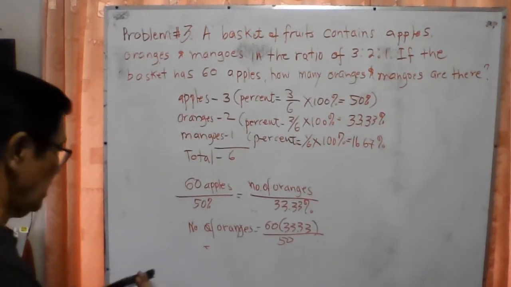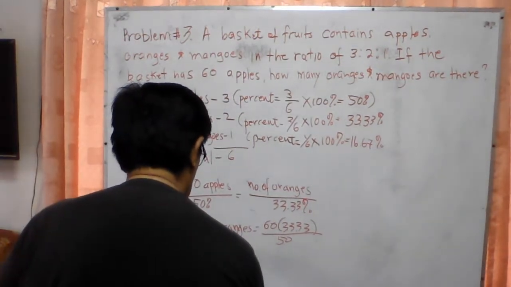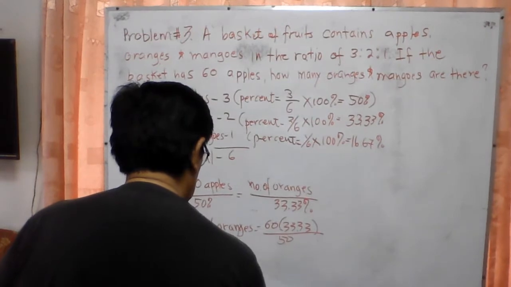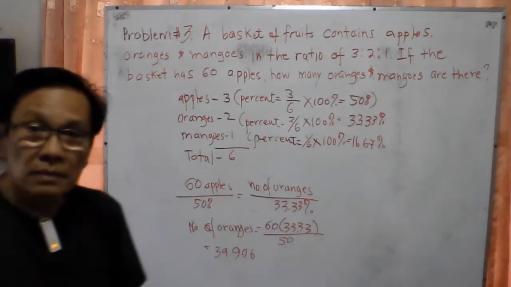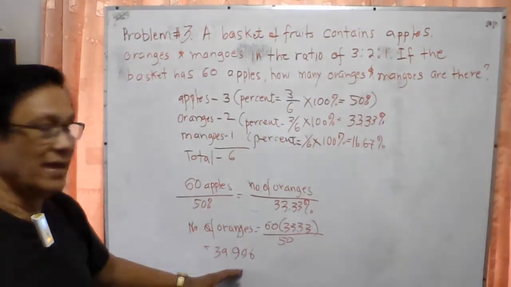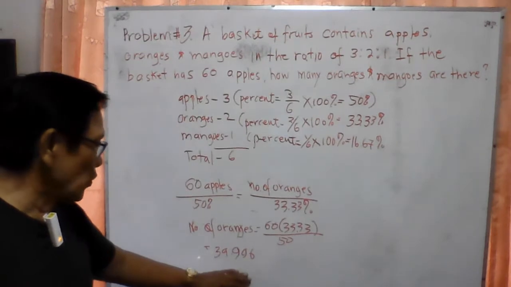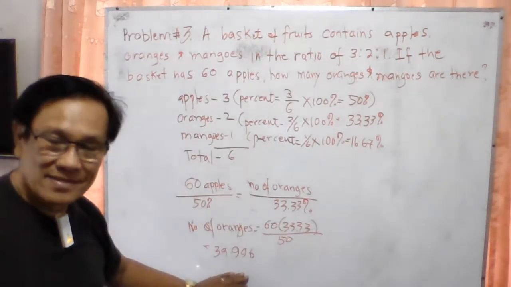You have 39.996. You probably react, how can you have an orange that is 39.996?